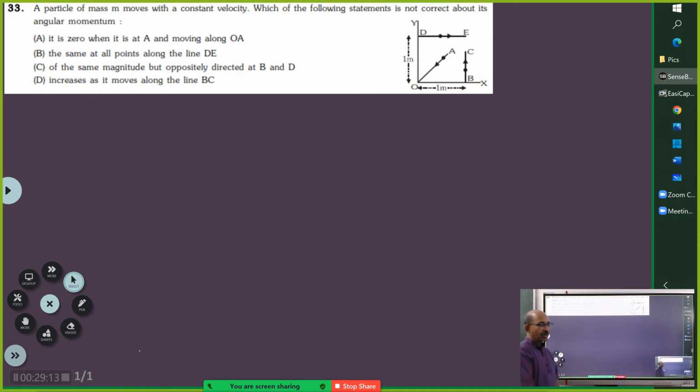If you have understood angular momentum, just by inspection you can tell it within 5 seconds.